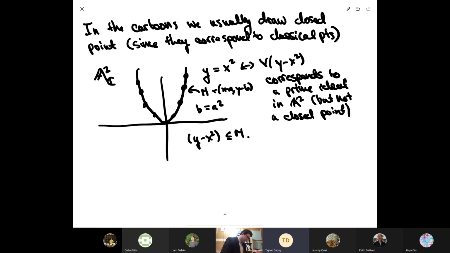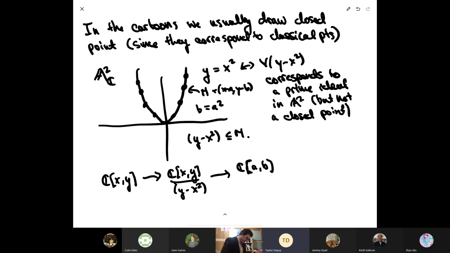Another way to see this is that you have this ring and you can take the quotient. This map is a quotient map, and then you can take a further quotient to C, the evaluation at the point (a, b).